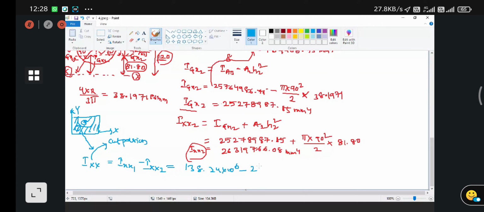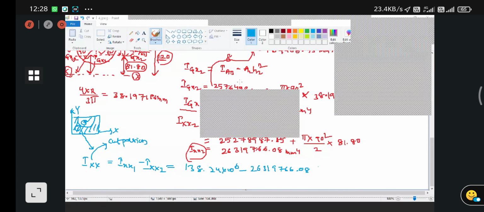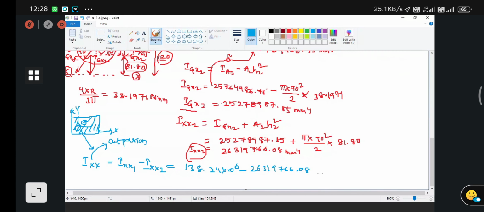From this one, I am going to subtract 26,3197,66.08. So let me calculate this. 138.24 into 10 power 6 minus this thing.